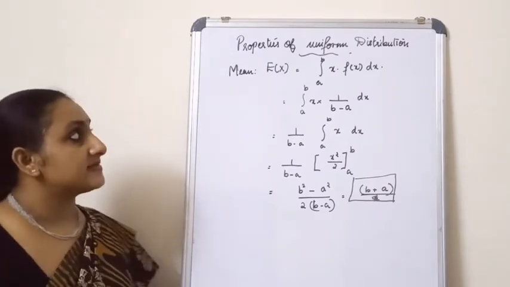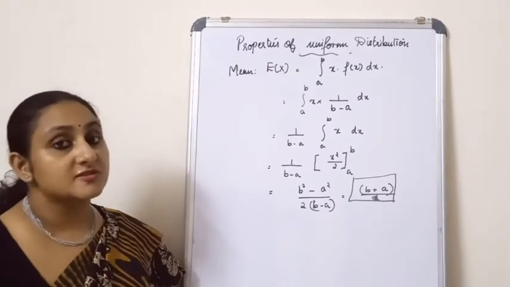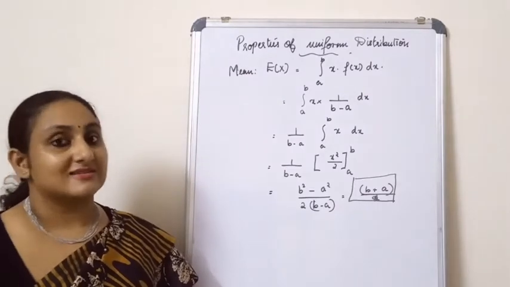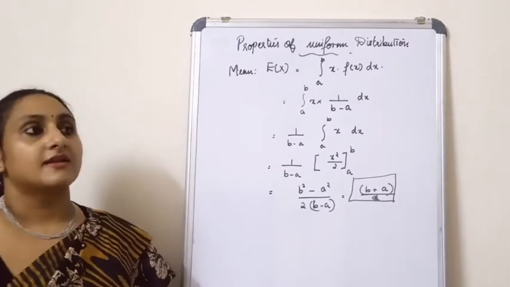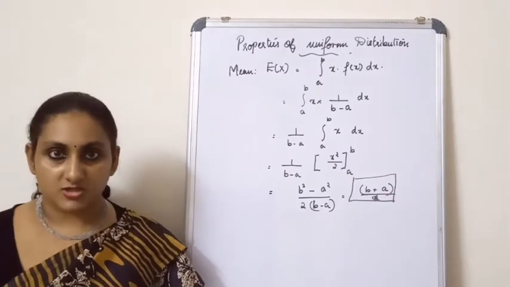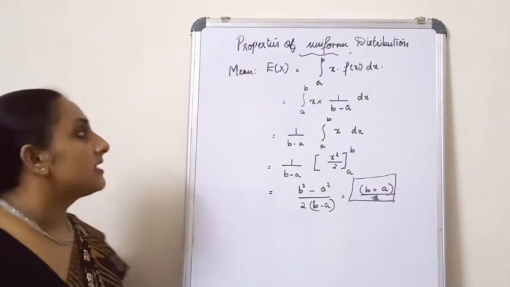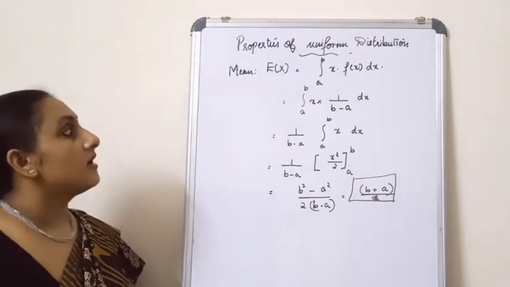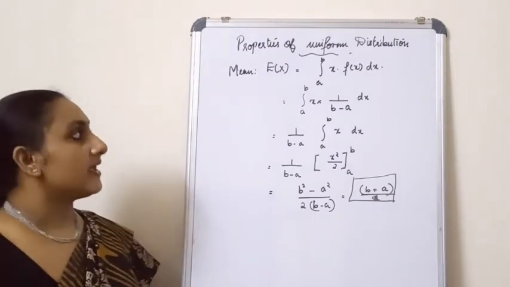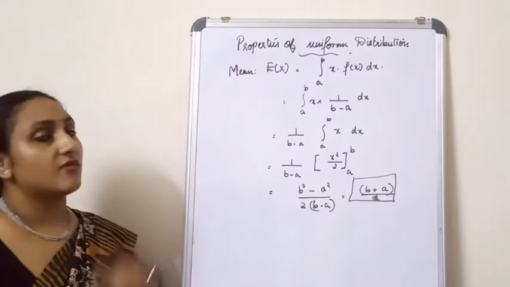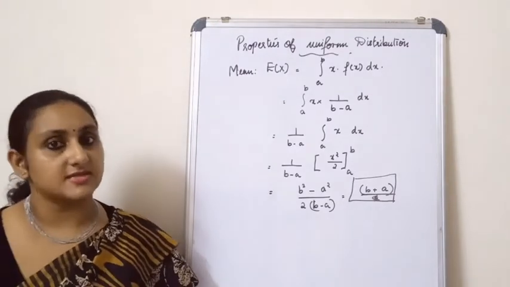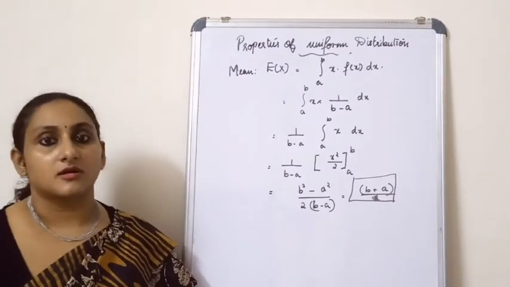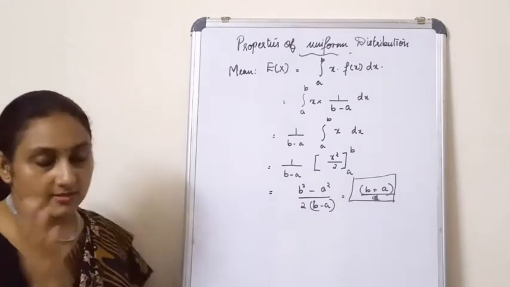Now, since it is a uniform distribution, in which scenario? Yes, the continuous case. You had a discrete distribution also, I hope you remember that. Now this is a continuous scenario, so the integral from a to b of x into 1 by, instead of f of x, you have to write the density function of the distribution.